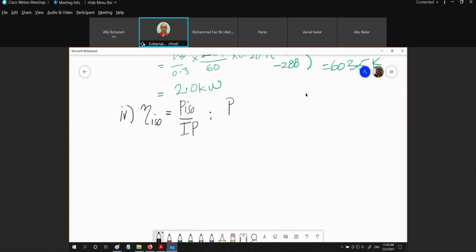What is P iso? M dot RT. T here is T1. Kalau formula dia adalah T1, tapi dalam kes ni T1 is equal to T lah. Tapi formula dia adalah T1. Ln P2 over P1.